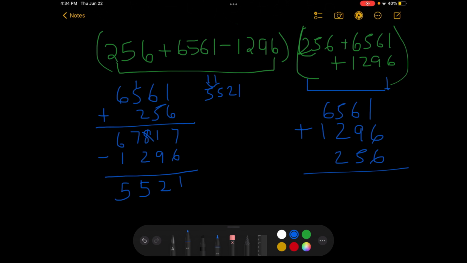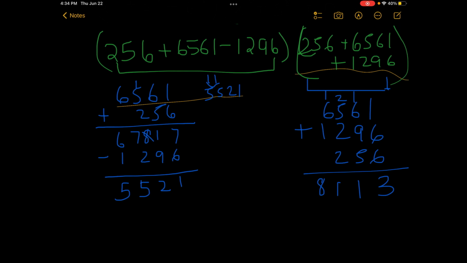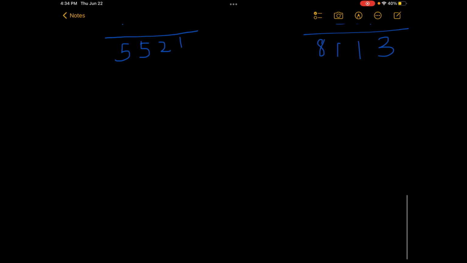So 1 plus 6 plus 6, that's 13. 1 plus 6 is 7. 7 plus 9 is 16. 16 plus 5 is 21. 2 plus 5 is 7. 7 plus 2 is 9. 2 plus 5 is 7. So 9 plus 2 is 11. And 1 plus 6 plus 1 is 8. So we have our two numbers: 5,521 and 8,113.